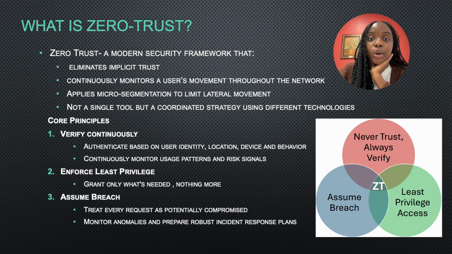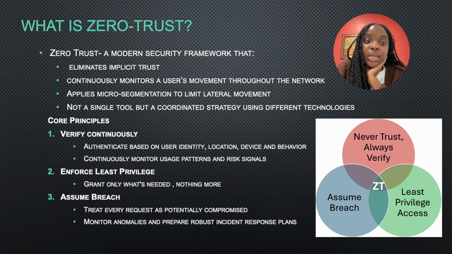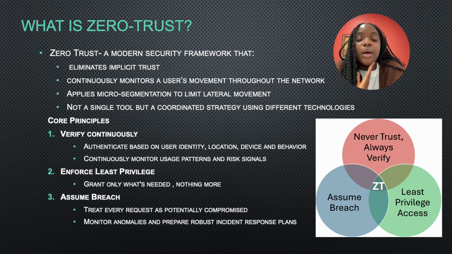We're going to go to the core principles. Zero Trust has three core principles: to verify continuously, to enforce least privilege, and to assume breach. The first one is pretty self-explanatory.